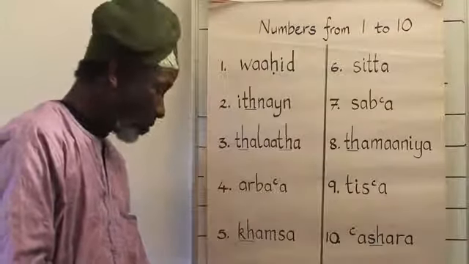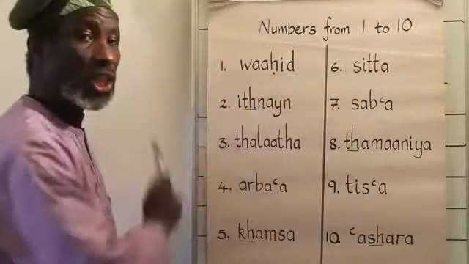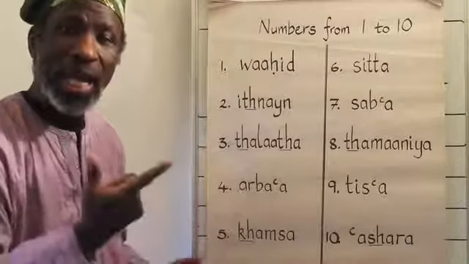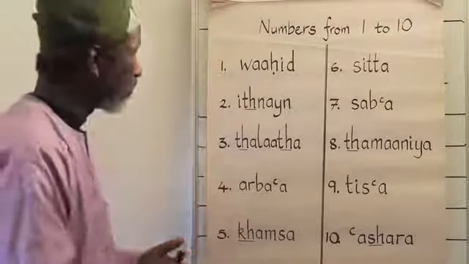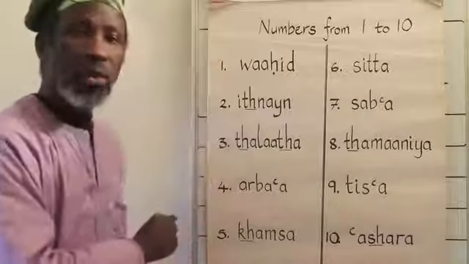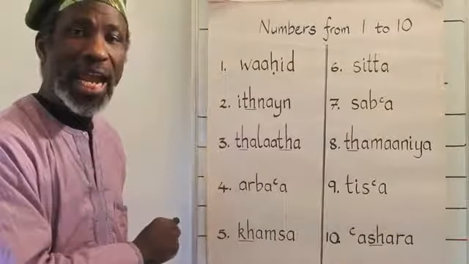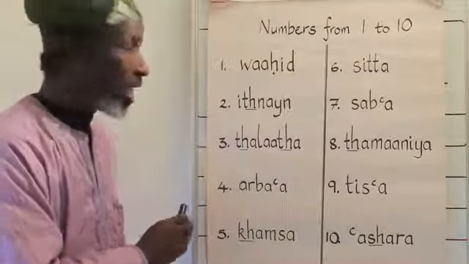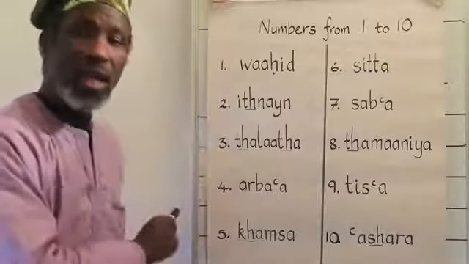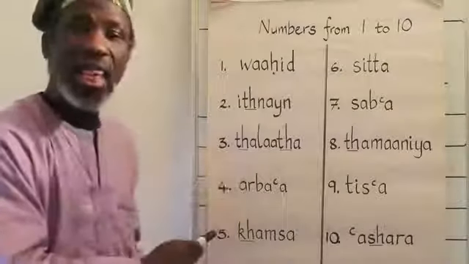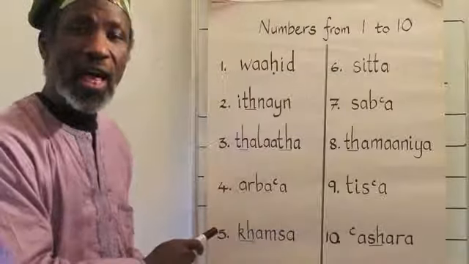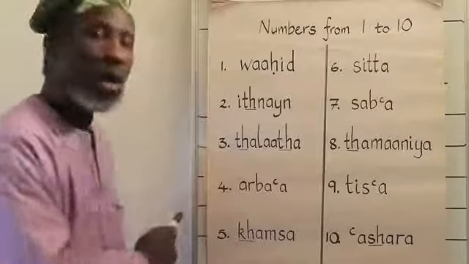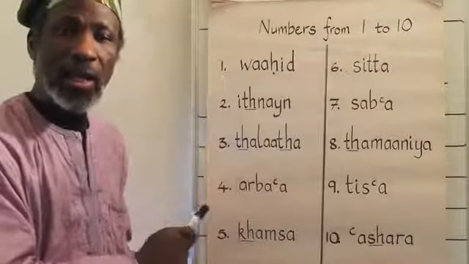Number 1 is wahid. Number 2 is ithnain. Number 3, thalatha. Number 4, arba.